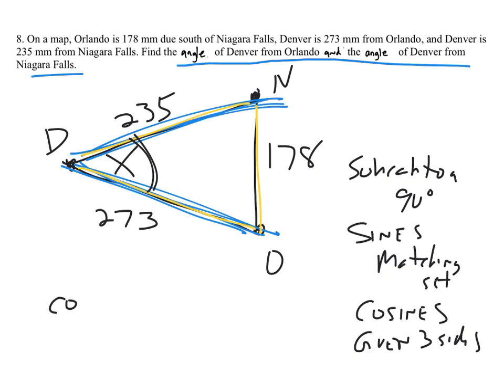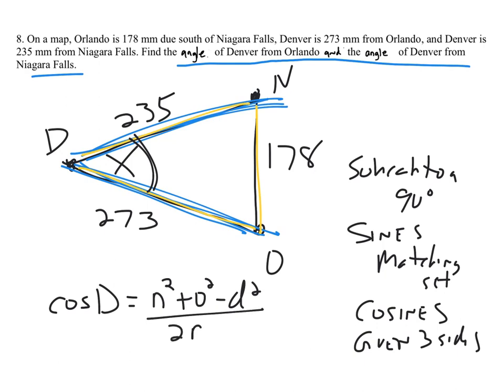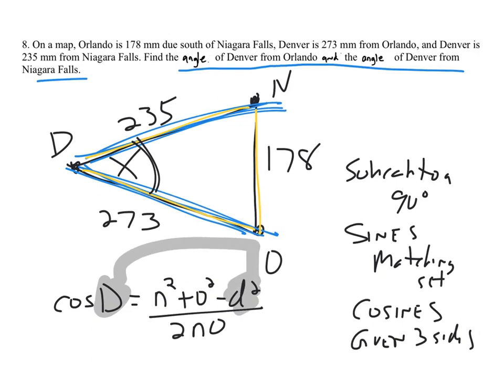So that means the cosine of D equals the other two sides, n squared plus o squared minus d squared over 2no. Remember, this angle always has to match this side, and that side is only used once.